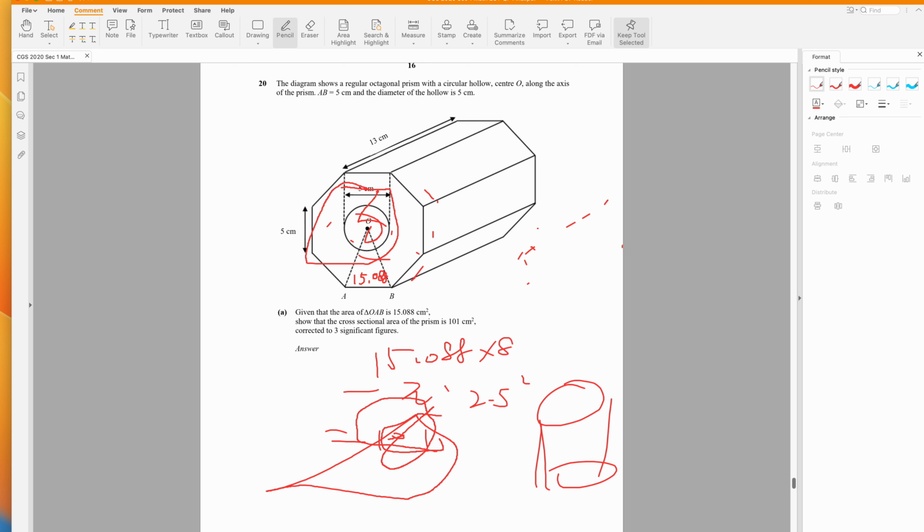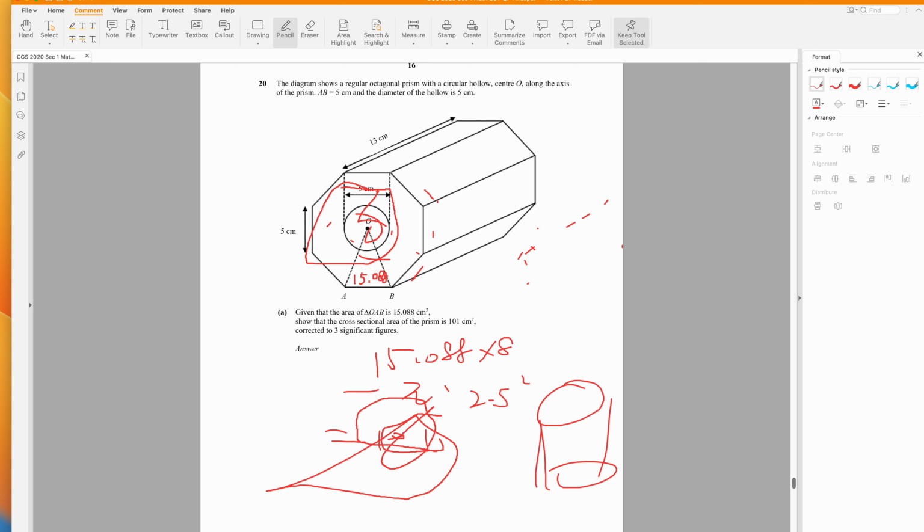How do you get the volume first? What is the question?